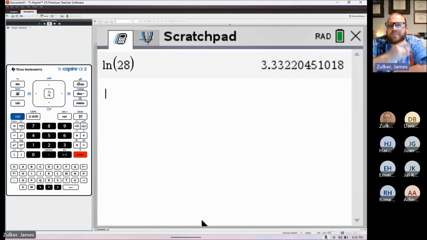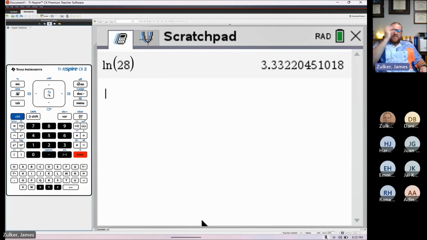Just hit enter, and it's about 3.33. All right. Now, unless it's specified otherwise, we would just leave it, if this was our answer, as log of 28, natural log of 28.